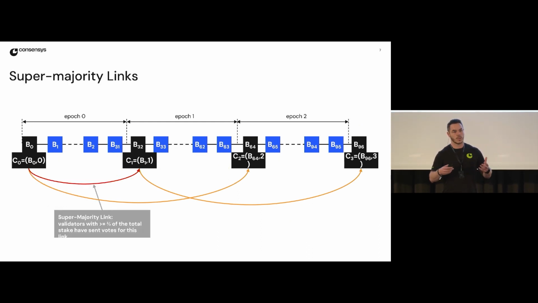A very important concept in the Ethereum consensus protocol is the concept of supermajority link. We have a supermajority link when the FFG votes for a link are cast by a set of validators with a stake that is at least 2/3 of the total stake.